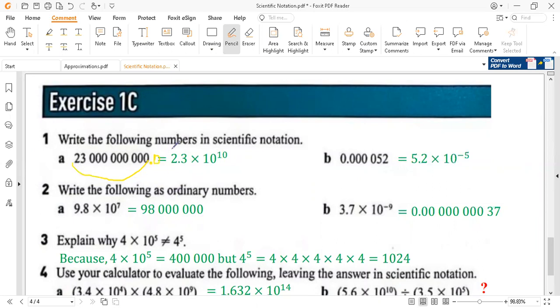We want to move this decimal point to have it between the first significant figure and the second one.